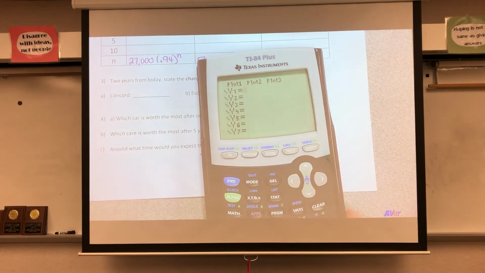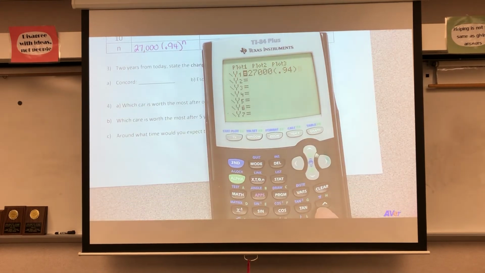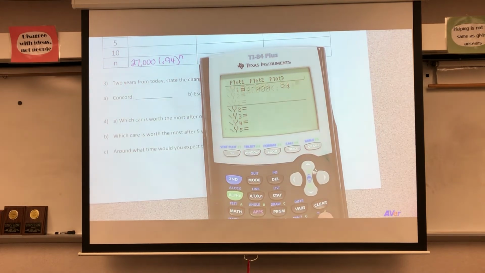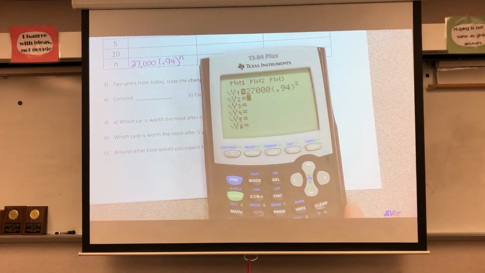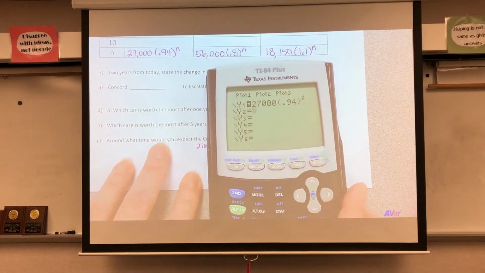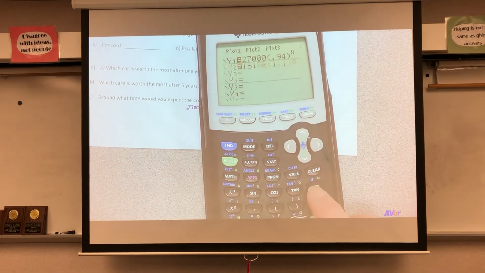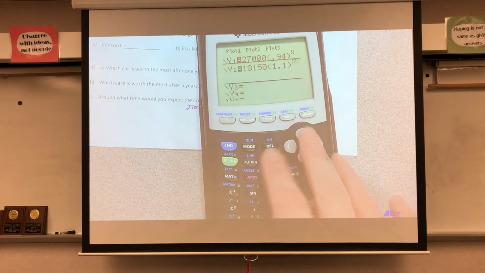Now I'm going to type in my equations: 27,000 parentheses 0.94, using your caret for the exponent to the x. Now I'm going to put in my other equation, 18,150 times 1.1, again using that caret button to the x.